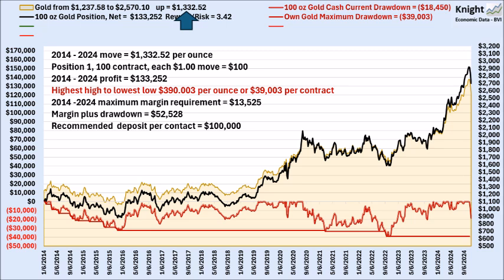On the upside, I expect gold to repeat its past performance, but in less time, making at least $1,332.52 per ounce, or $133,252 per contract within the next 3 to 5 years, plus the Treasury bill interest on the majority of my account balance for the duration of the trade.